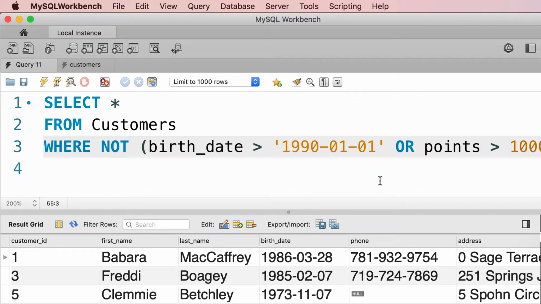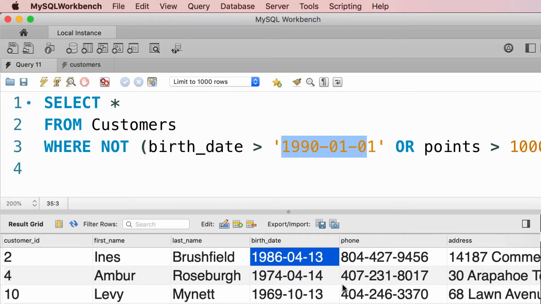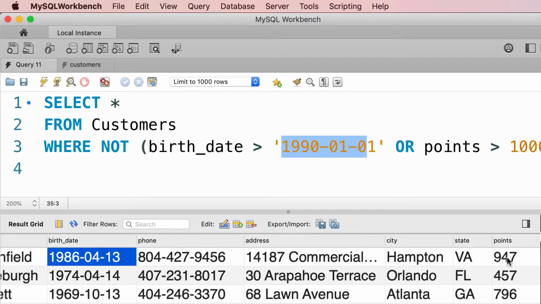Now when we execute this query, we'll see other customers that are not in the current result set. Let's take a look. So instead of customers with IDs 1, 3, 5, 6, and so on, we get the customers with IDs 2, 4, and 10. Now technically these customers were born before 1990 and they have less than 1,000 points. So if you look here, this first customer was born before 1990 and he has less than 1,000 points.